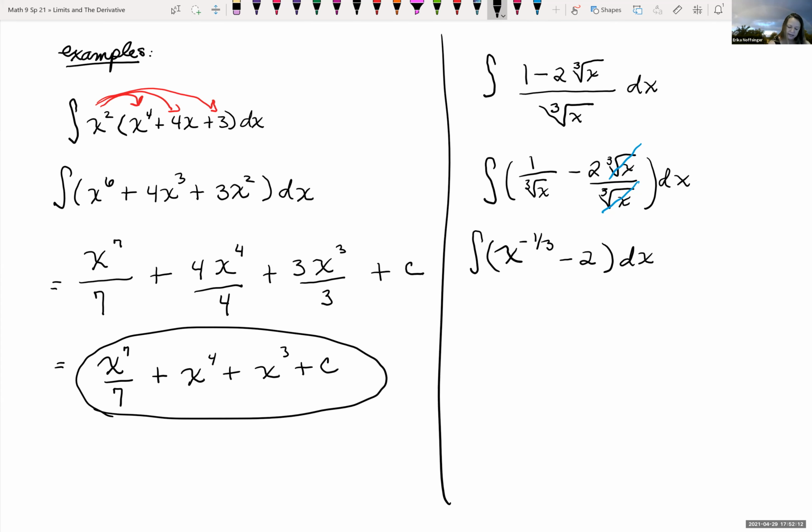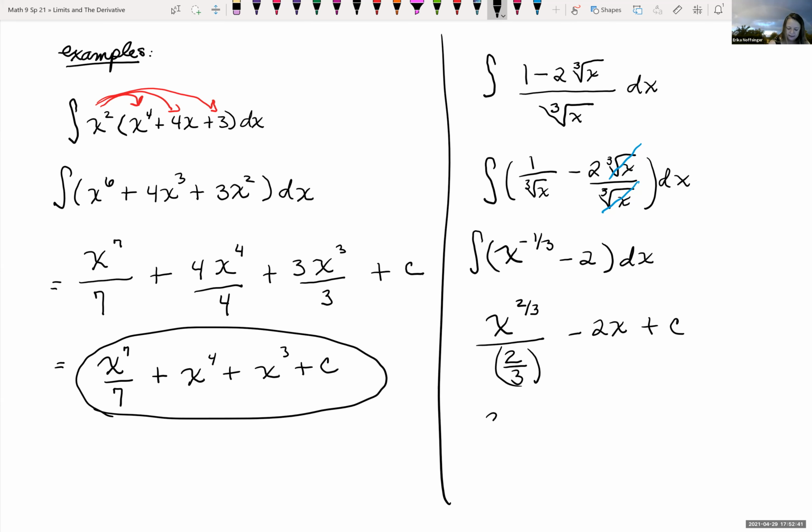So the antiderivative of x to the negative 1/3, add 1 to our exponent. So negative 1/3 plus 3/3 is 2/3, all divided by our new exponent, 2/3, minus 2. And to get the derivative of just negative 2 back, this has to be negative 2x, plus c.